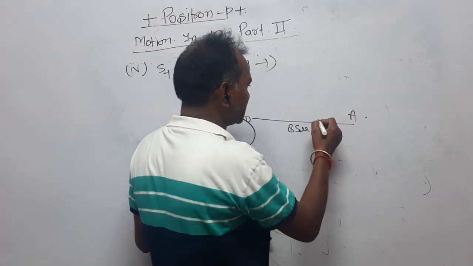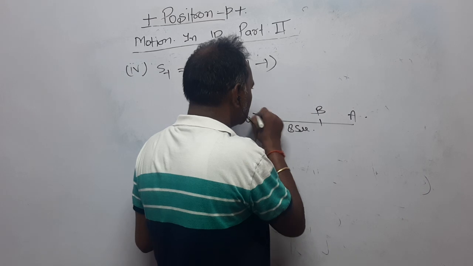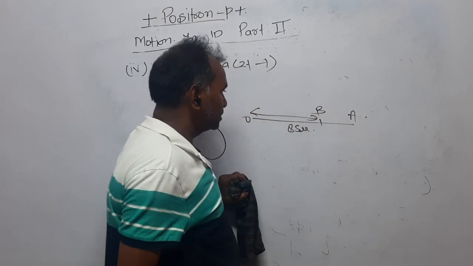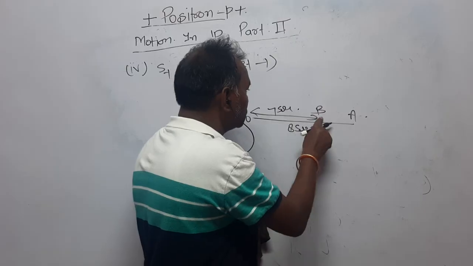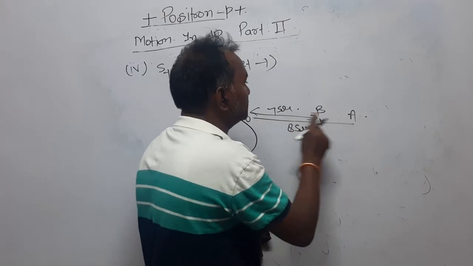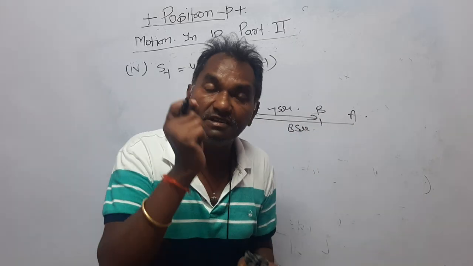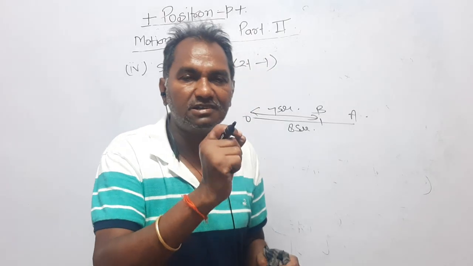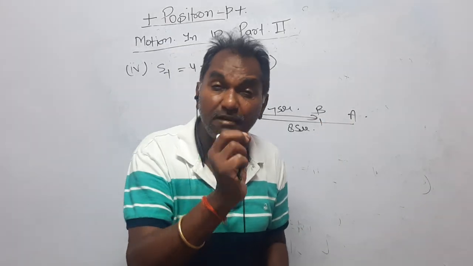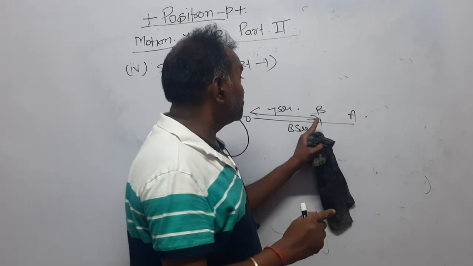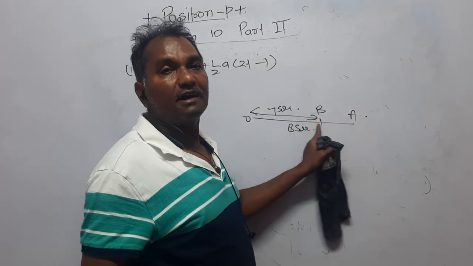And in 7 seconds, it covers this much distance. In 7 seconds, it has traveled from O to B. In 8 seconds, it has traveled from O to A. So the distance covered in the 8th second is BA. The 8th second means the distance between 7 and 8 seconds, that is BA.